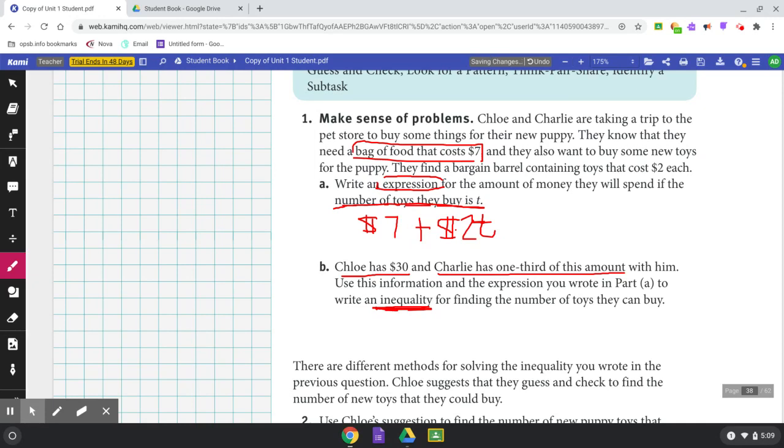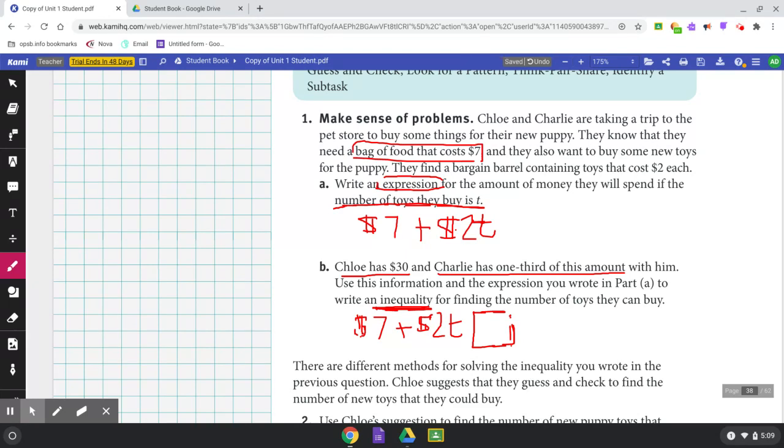And we're wanting to write an inequality to find the number of toys that they can buy. So our inequality is going to be our cost, $7 plus $2 times T. And we're going to skip the inequality symbol for right now. We're going to have an inequality symbol right here at the end.